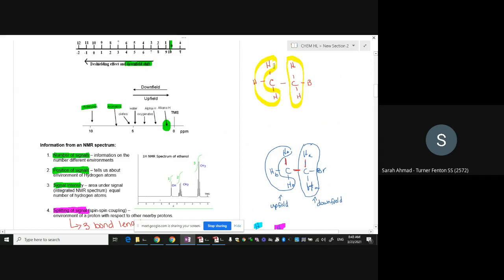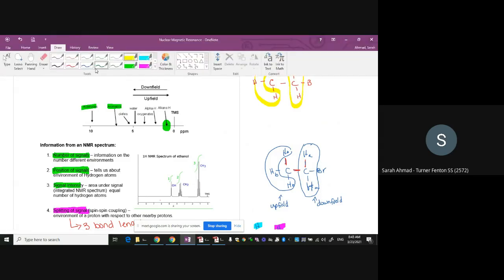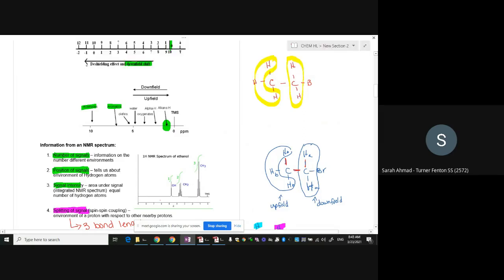But they do influence the neighboring different environment protons, so long as they are 3 bonds away. If they're more than 3 bonds away, then no. So this is what we expect in low resolution NMR. We are going to get 2 peaks, 1, 2, right? So we're going to get 2 peaks.